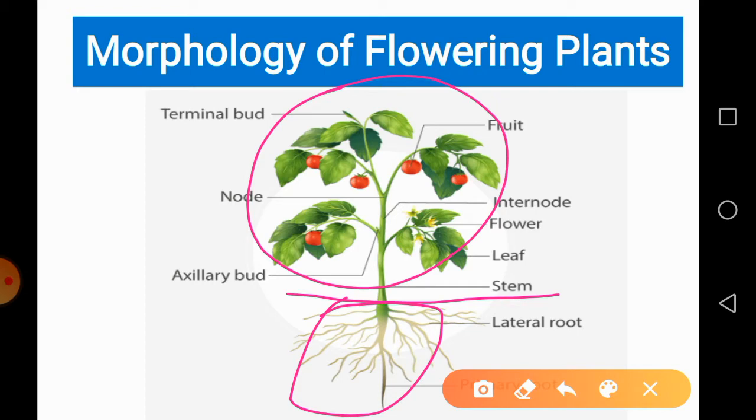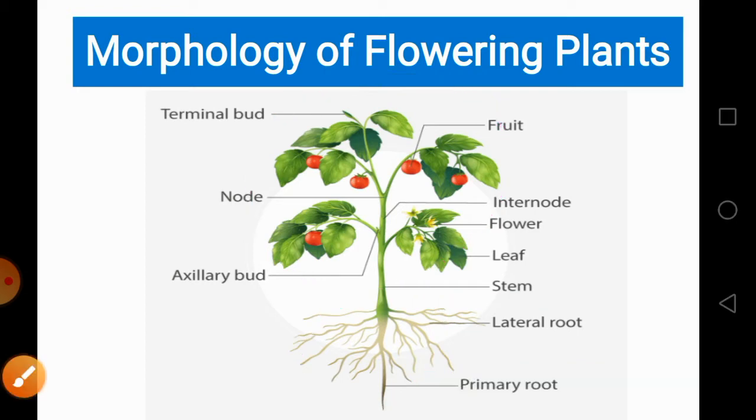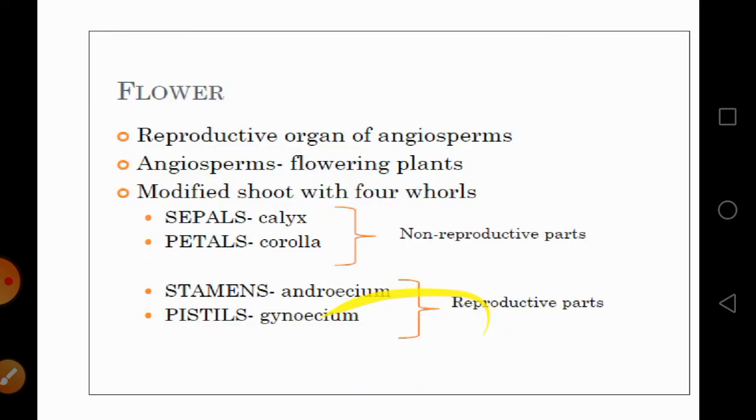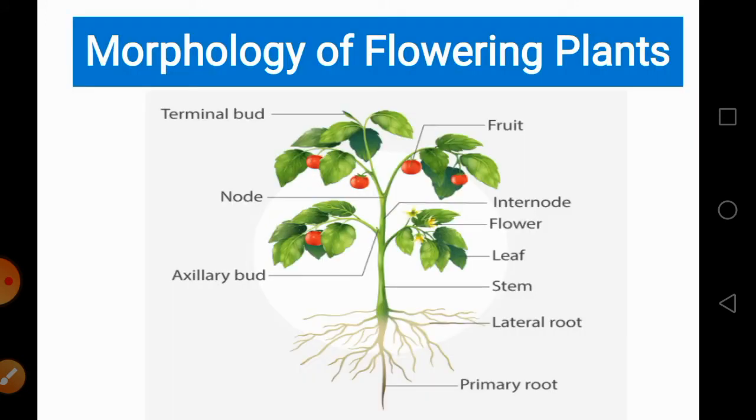Generally the roots are the brown, non-green, underground part of the plant, and they also have branches. Collectively, the root with these branches is called the root system.